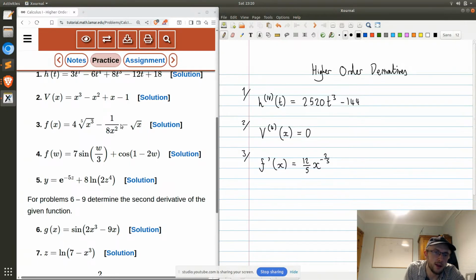Then that's minus an eighth, x to the minus 2. So plus a quarter, x to the minus 3.